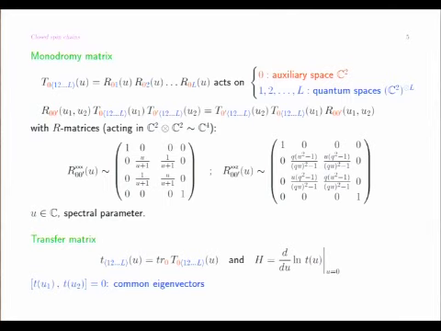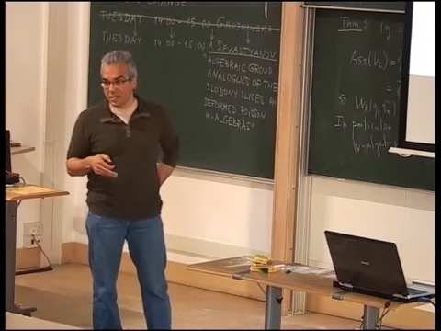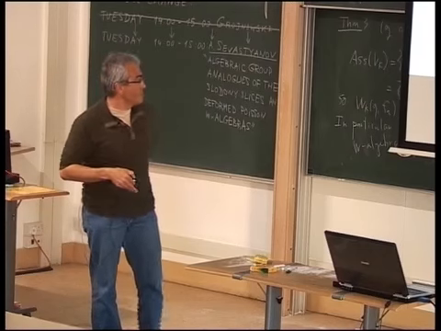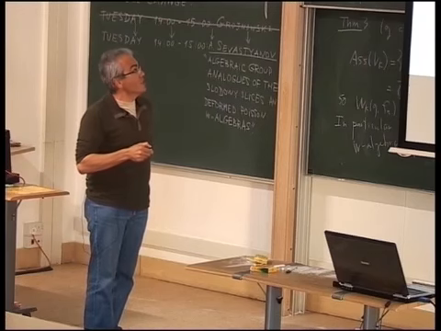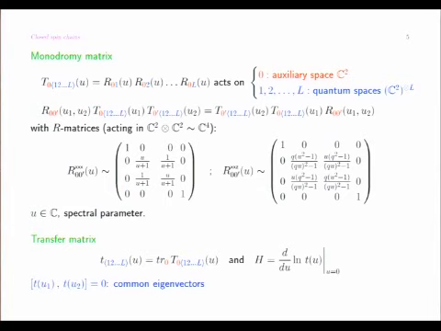This transfer matrix contains the Hamiltonian when you develop this transfer matrix as a series in u. And from this relation, you can compute that the transfer matrices with different values of the spectral parameter just commute. So in this way, you have a series of commuting Hamiltonians, if you want, or of conserved quantities for this Hamiltonian, which are hidden in this transfer matrix.